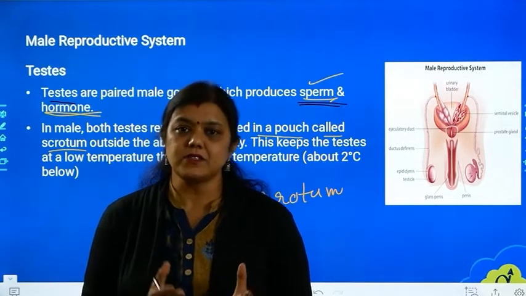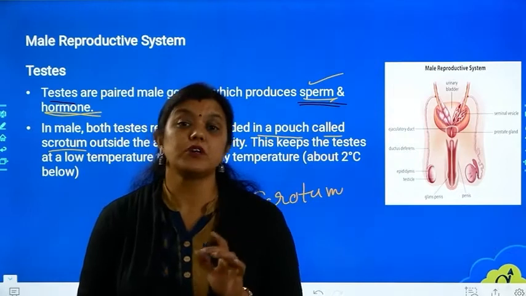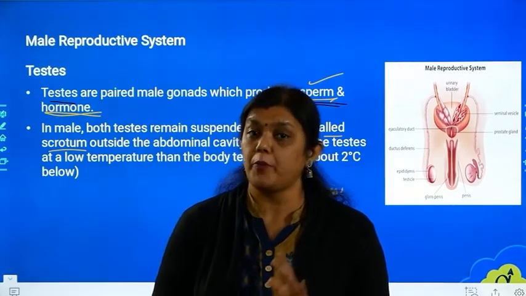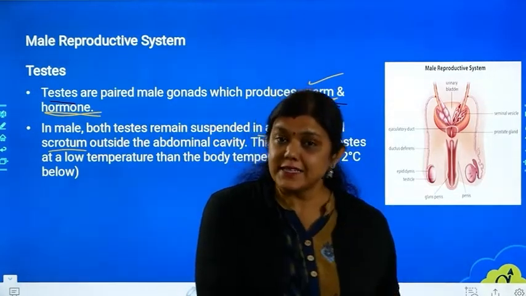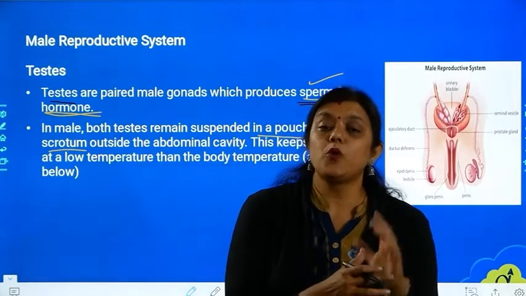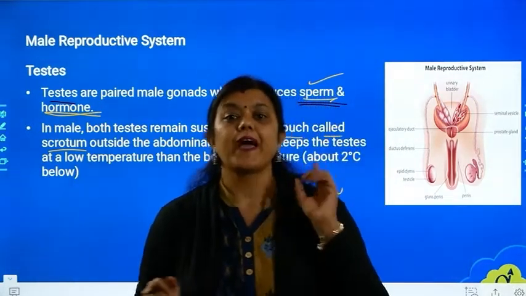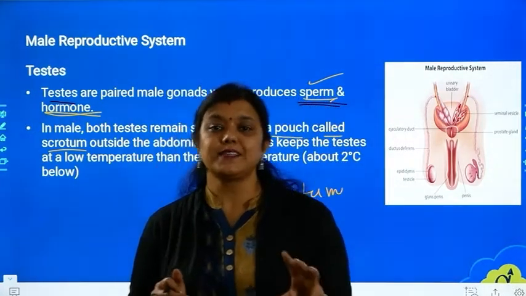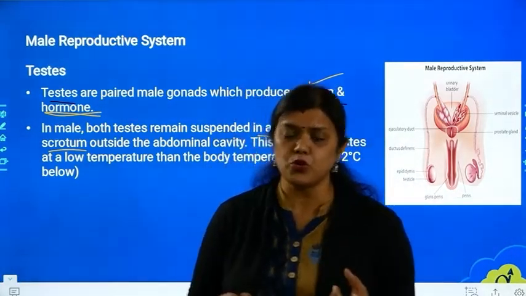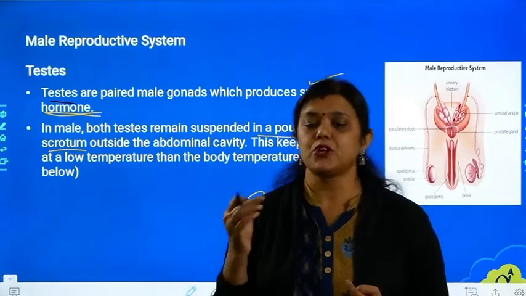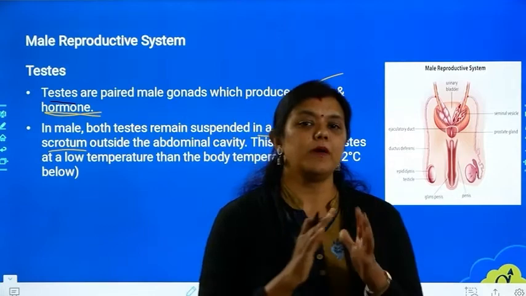See, the testes need a temperature lower than the body temperature for the proper production of sperms. If the testes were located inside the body of the male, the required temperature for the production of sperm would not be possible. That is the reason the testes are located outside the body in a pouch-like structure called the scrotum, where the temperature is 2 degrees Celsius less than the normal body temperature.